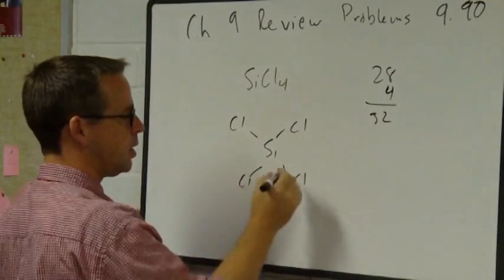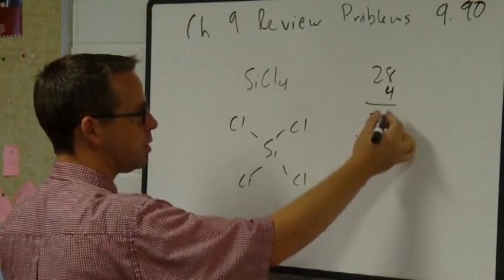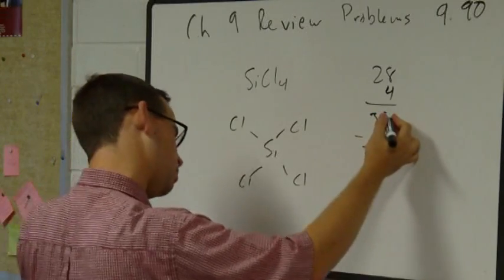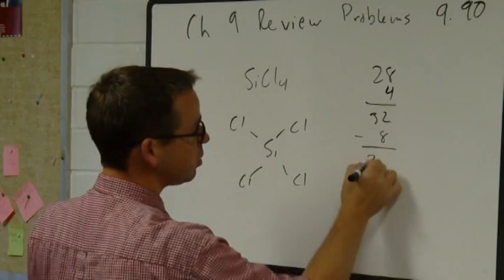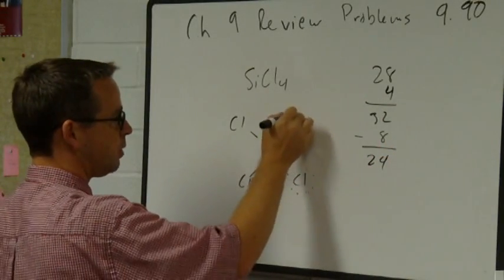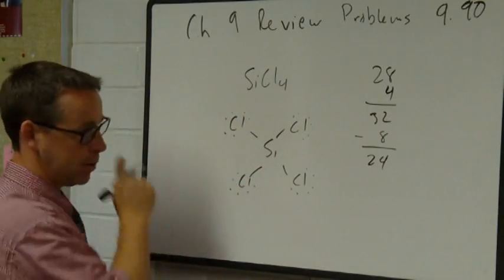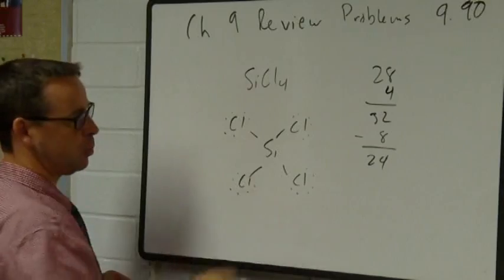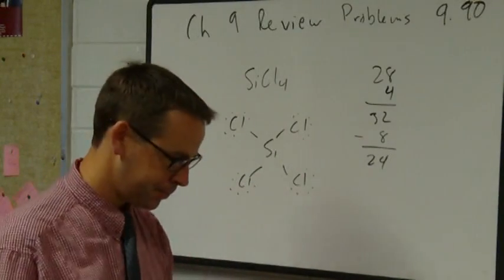Silicon already has its octet, so we've consumed 8 electrons. 8 times 4 is 32, so 8 times 3, so we have 24 left over. 1, 2, 3, 4, 5, 6, 7, 8, 9, 10, 11, 12, 13, 14, 15, 16, 17, 18, 19, 20, 22, 23, 24. So there we go. We can look at formal charges. We'll see that all of them have no formal charge, right?